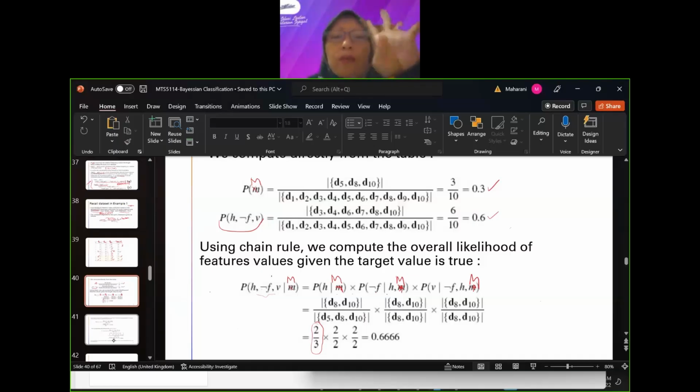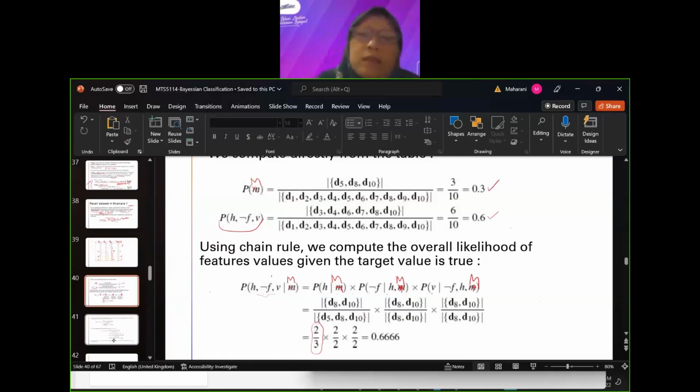And then the last one, because we have 3 features, P of V given H, non-F, and M. Clear?